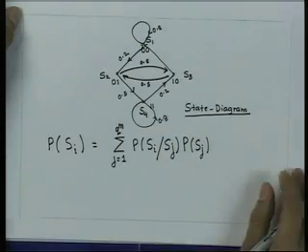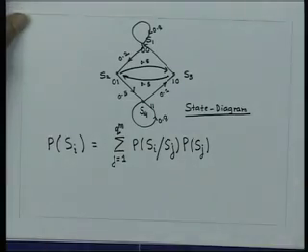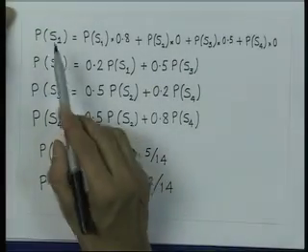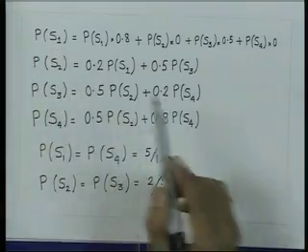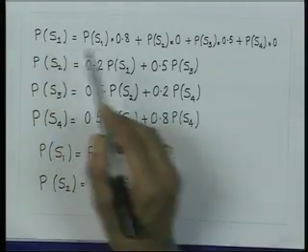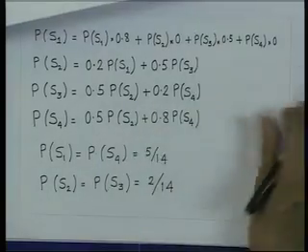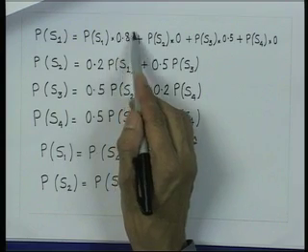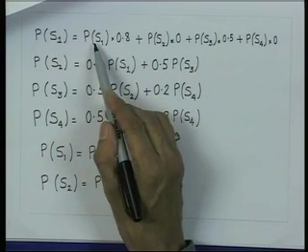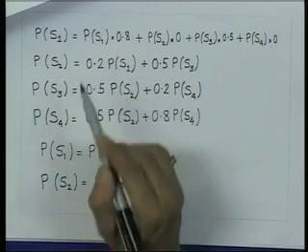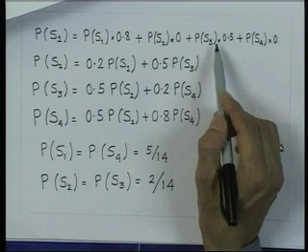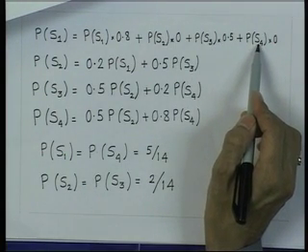Now, for our specific example, this can be reduced to something like this. I can find out the probability of S1. Obviously, my probability of S1 is the probability of S1 given I was in S1, that is 0.88, times the probability of state S1, which I am supposed to calculate. I cannot come to state S1 from S2, nor can I come to state S1 from S4.